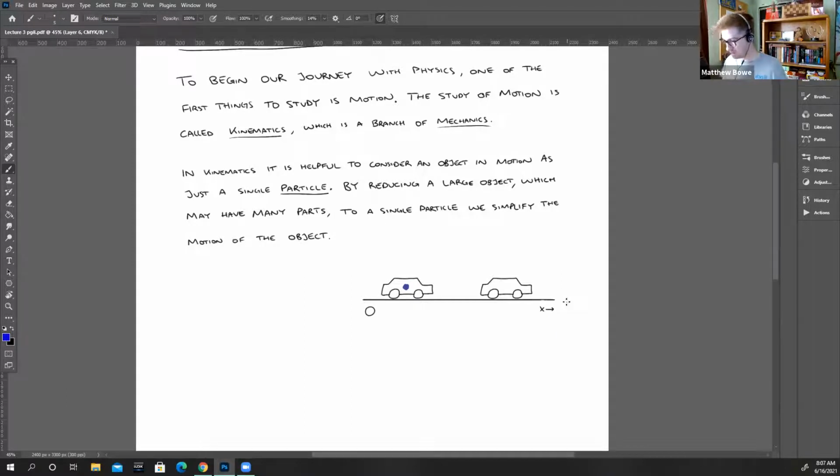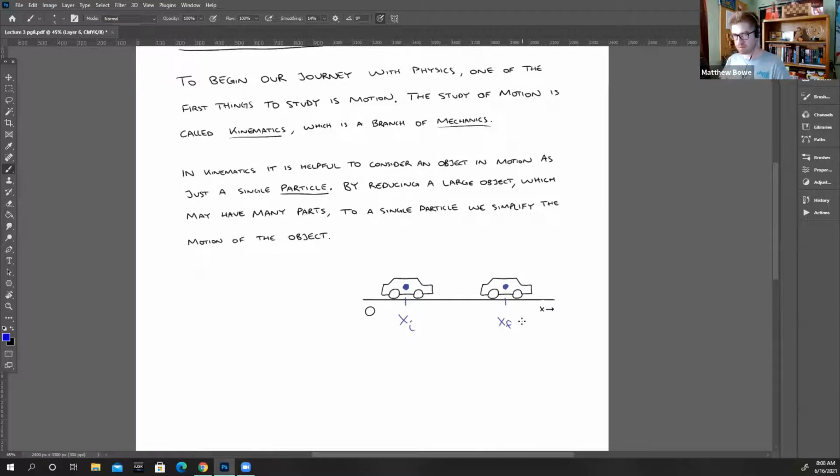It's typical convention to have things that are moving to the right be positive, things that are moving to the left be negative. We're going to measure this position as x sub i. Okay, and then an instant later, we take another picture of the car. We're measuring around the same exact point to make it simple for us. And that is what we're going to call x final.